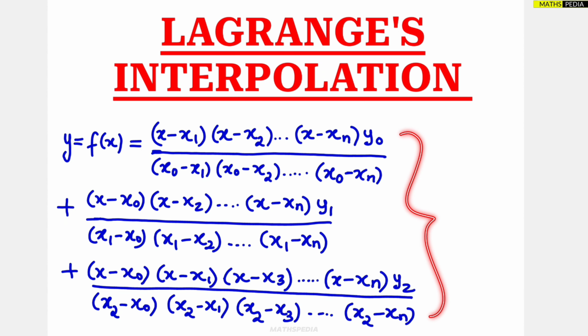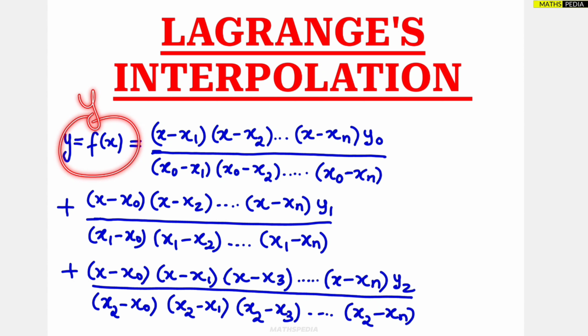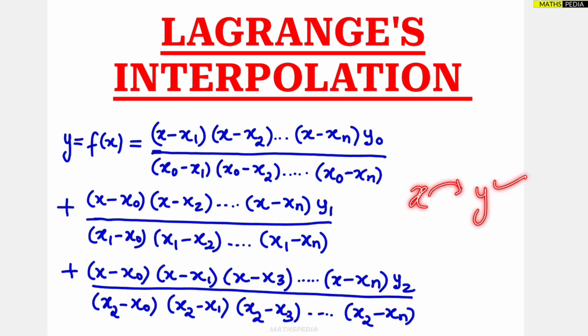Now in this particular formula we are finding y at a certain value of x, but if you want to find x at a certain value of y, then you can also utilize this formula. The only change is that in place of x you have to put y. That will be the change happening, right? So that formula is called Inverse Lagrange's interpolation.